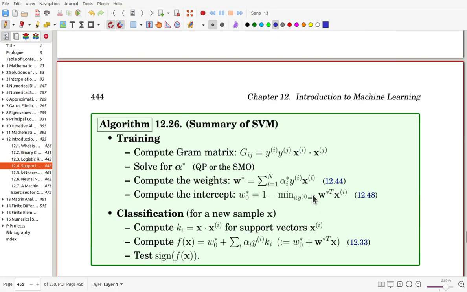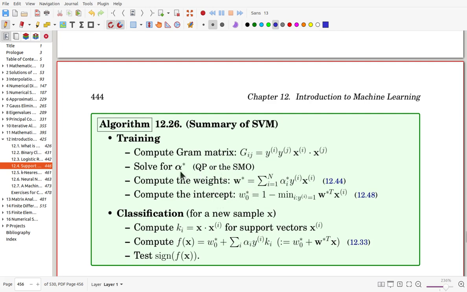Here we have a summary of the support vector machine. In training, we start by computing the Gram matrix, and we solve the problem by using a technique from quadratic programming or SVM.